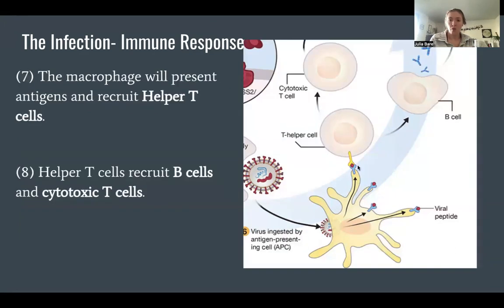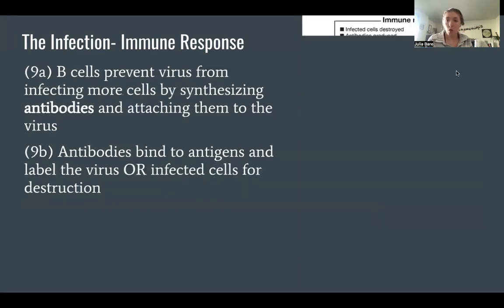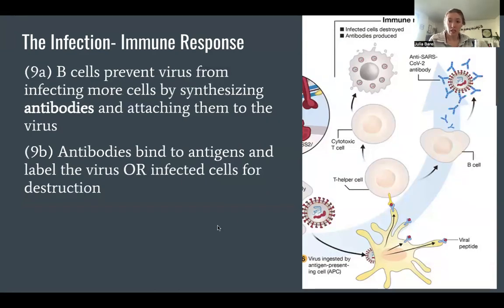Now, the macrophage will then recruit helper T cells, and the helper T cells will recruit cytotoxic T cells and B cells to then go and make additional antibodies in response to the infection. It'll also create memory cells so that the next time you are infected with COVID-19, your body recognizes that infection.